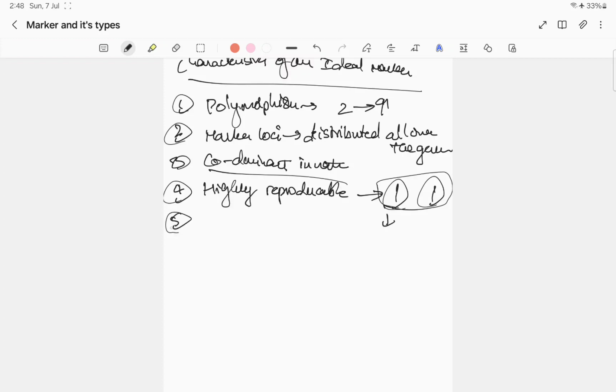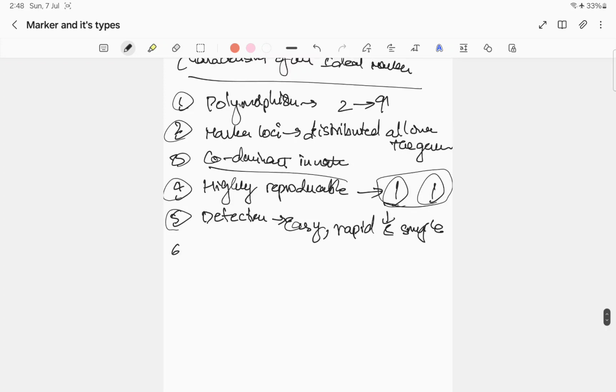The fifth point is detection of markers. It should be easy, rapid and simple. The sixth point is the cost of detection. It should be minimum.